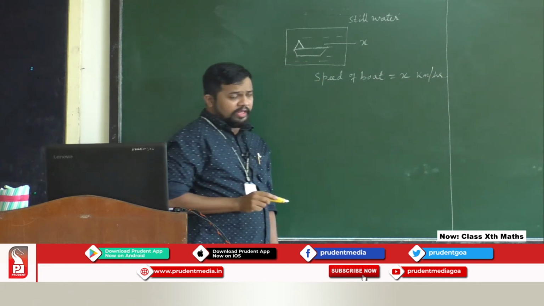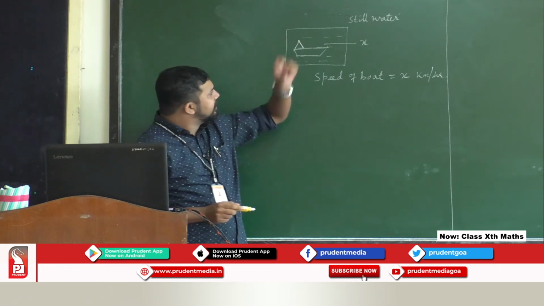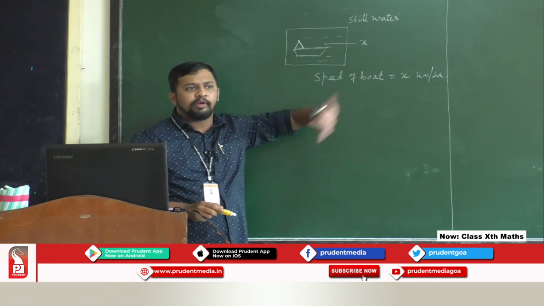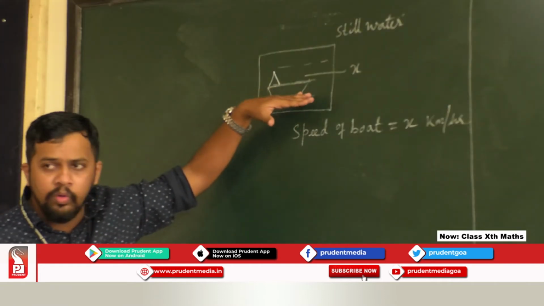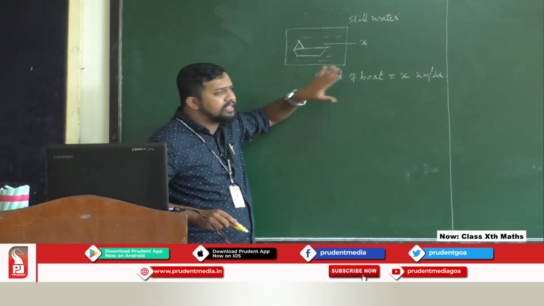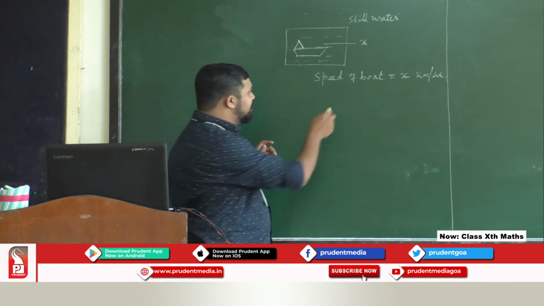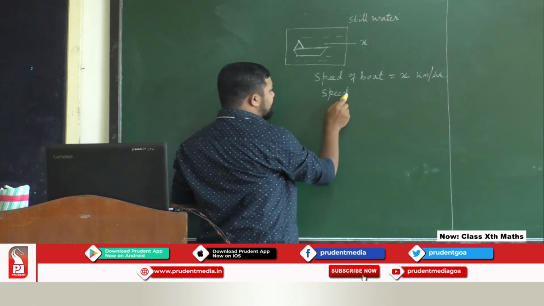The speed of the boat will also be the same as the speed of the still water, because still water is not moving. When I start the boat engine, the boat will move, water will remain there only, it is still. So speed of boat and speed of still water will be same.